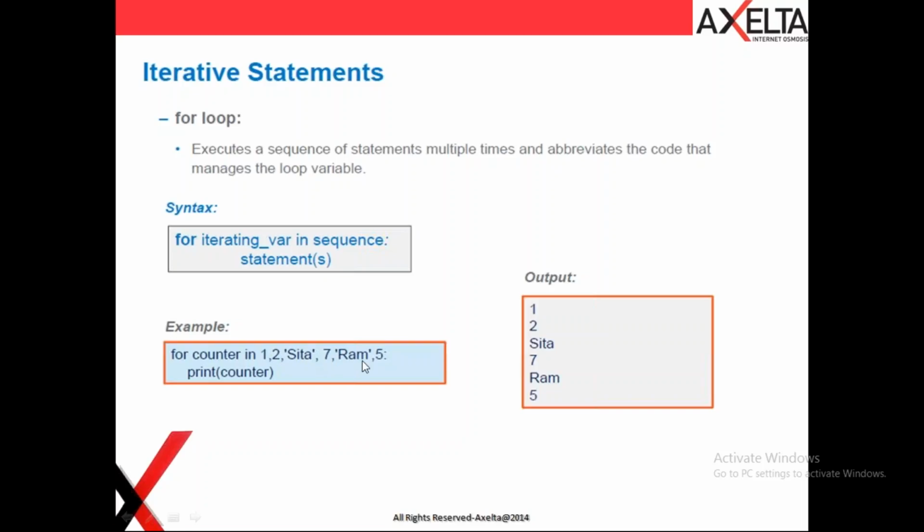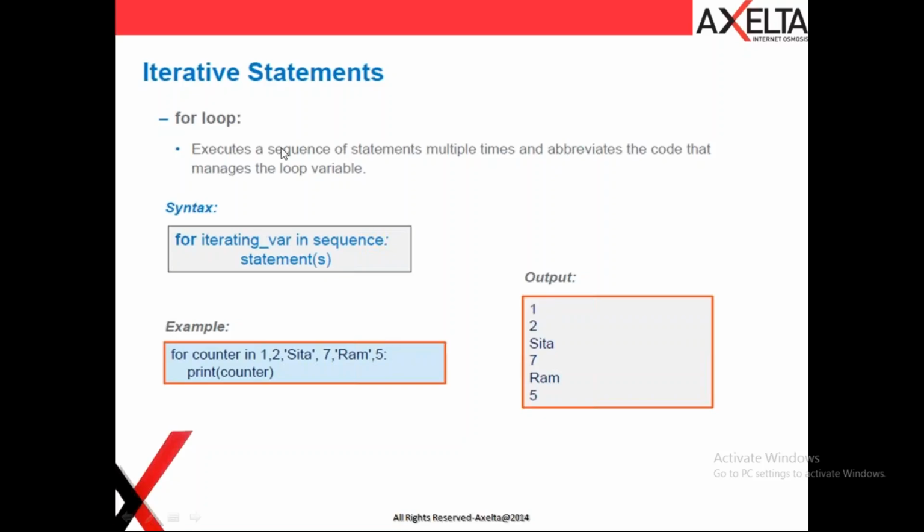All the values will be applied one at a time to the counter, the iterative variable, and we do the processing. That is the reason we are getting the output as shown. Understood about the for loop? Here we have the header also, that is colon, to indicate the end of the header.